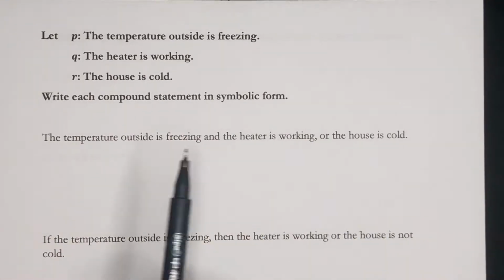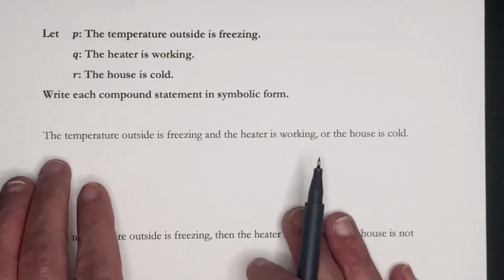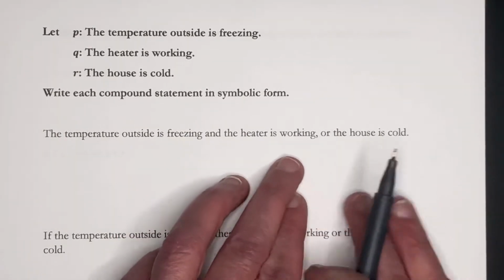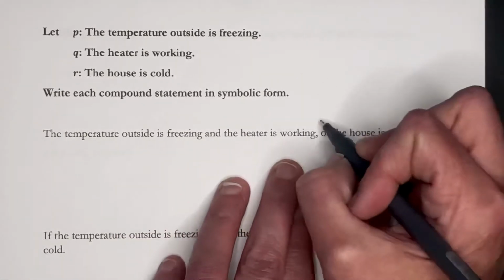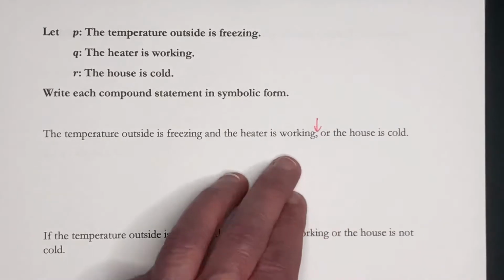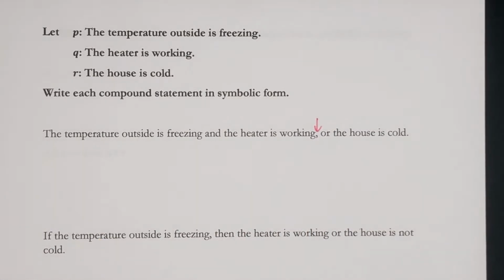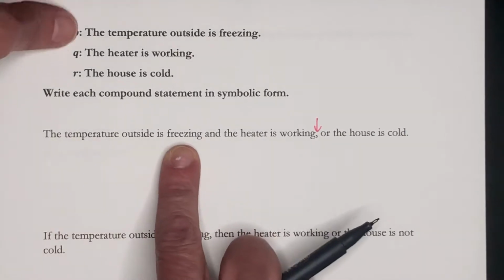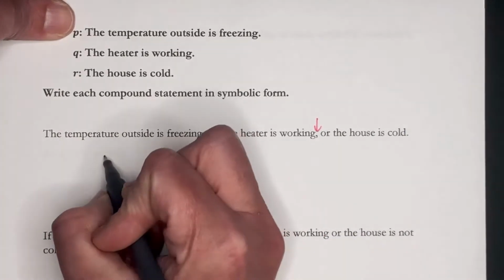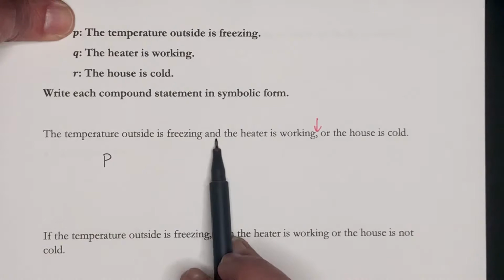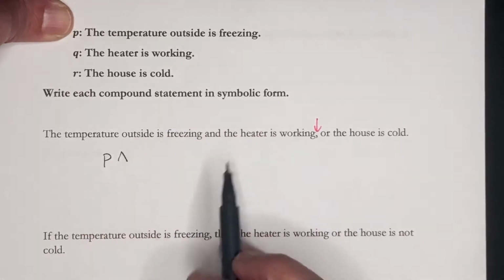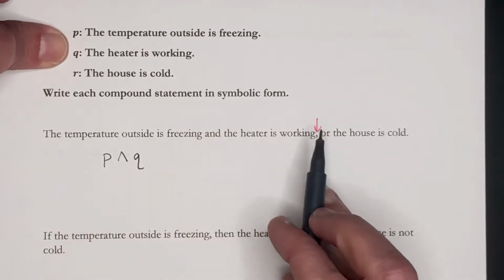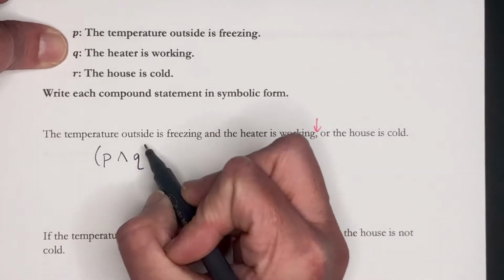Okay, remember that commas are going to be important. The temperature outside is freezing and the heater is working, or the house is cold. We have that comma right there. The temperature outside is freezing, that would be P. And the heater is working, that's Q. And then we have a comma, so I'm going to put these in parentheses.